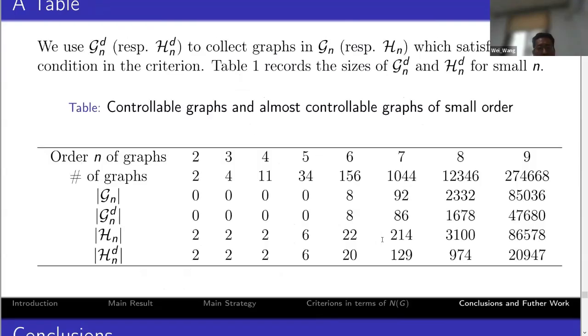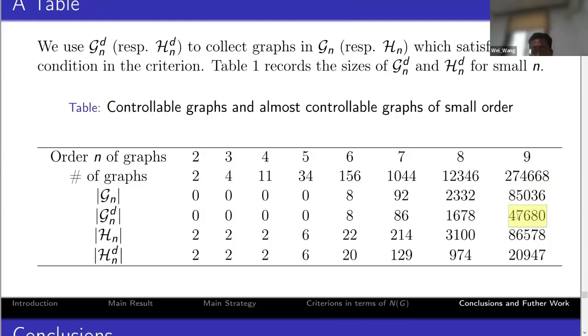And also we do some enumerations. We enumerate all graphs up to 9 vertices. So we just look at the last column. This number is the number of graphs on 9 vertices, and among which this is the number of controllable graphs, and this is the number of controllable graphs that satisfy the conditions of our theorem.